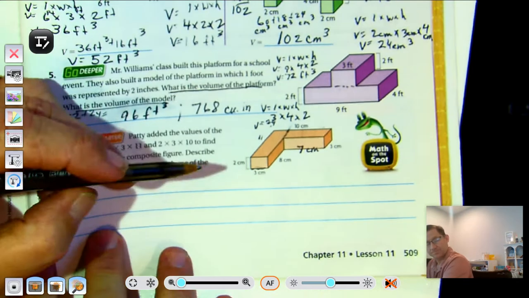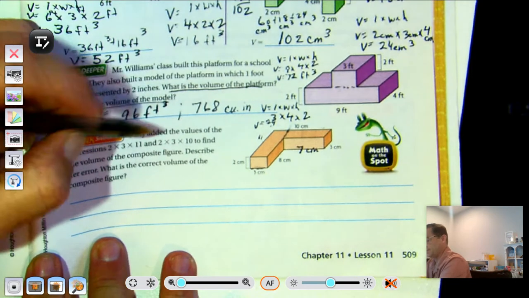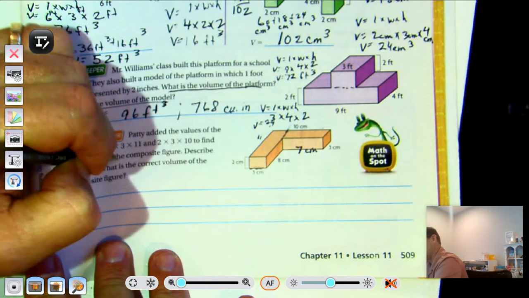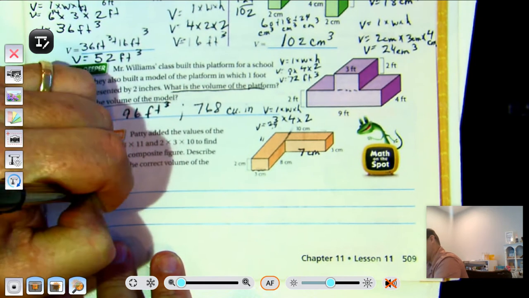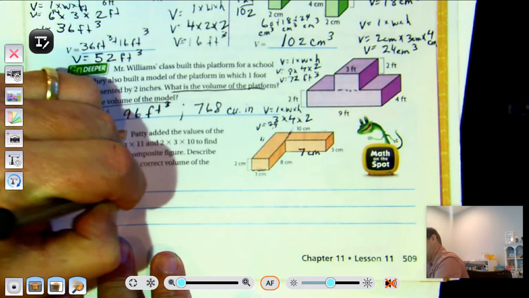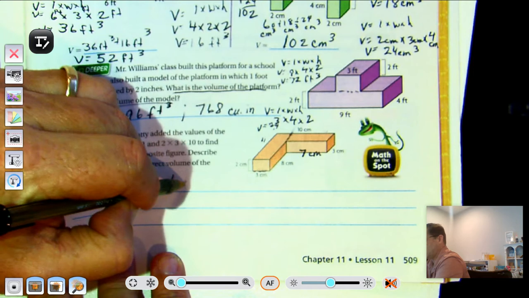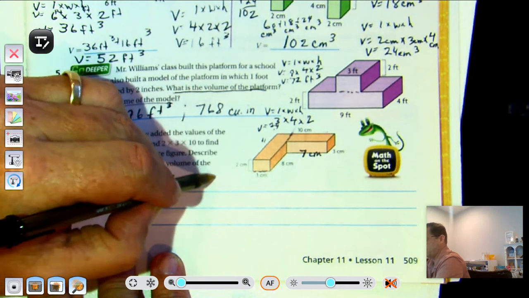Okay, so she did 2 times 3 times 11, so she got 66 plus 60. So she got 126 centimeters cubed.